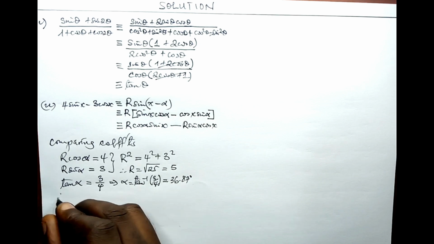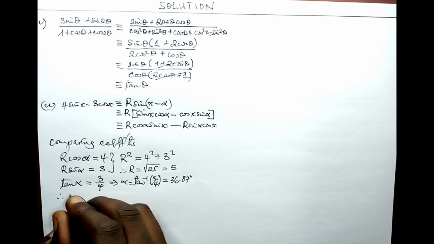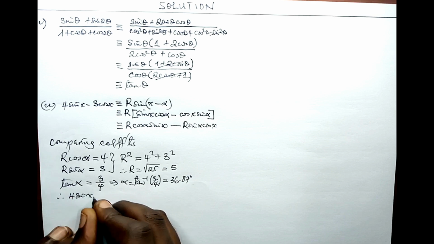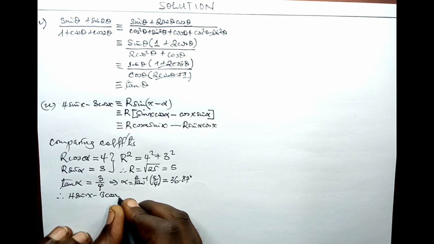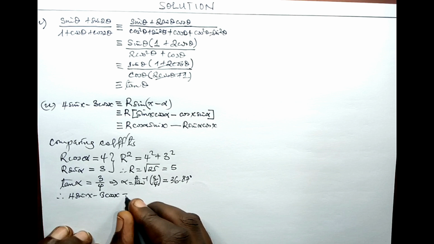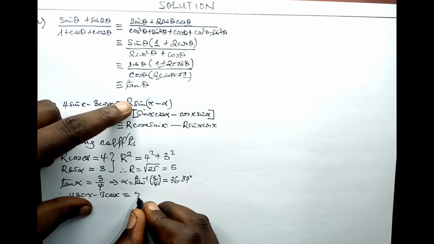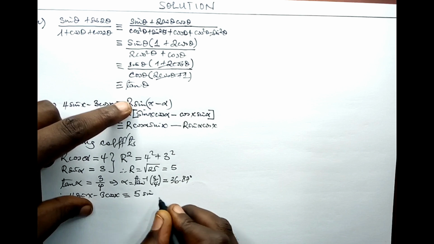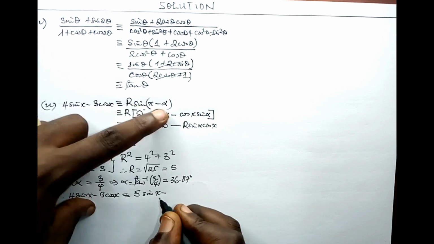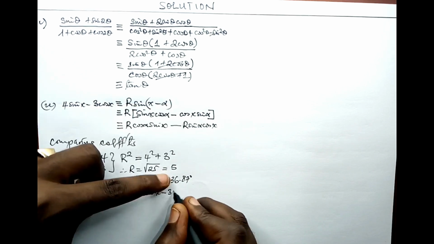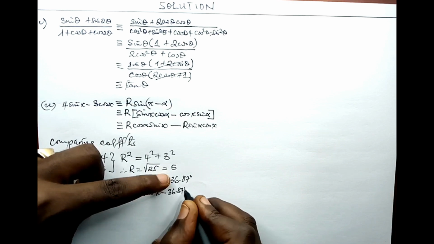And so we can now conclude that 4 sine x minus 3 cos x is identical to r, which is 5, sine x minus the alpha, which is 36.87 degrees.